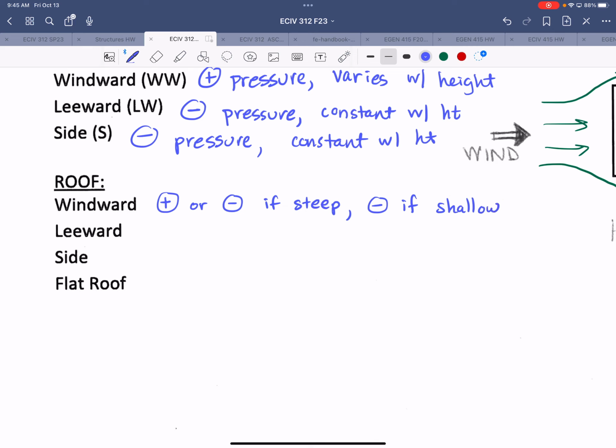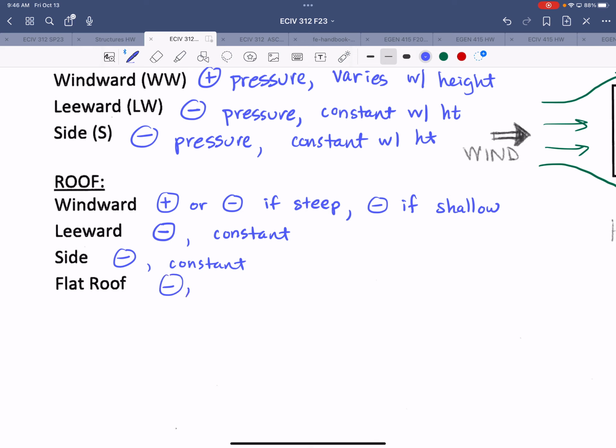The leeward side, if you have a slope, will be negative pressure and constant. And the sides, if you have a sloped roof or a ridge and so on, will have negative pressure and will be treated as constant. A flat roof will always have negative pressure.